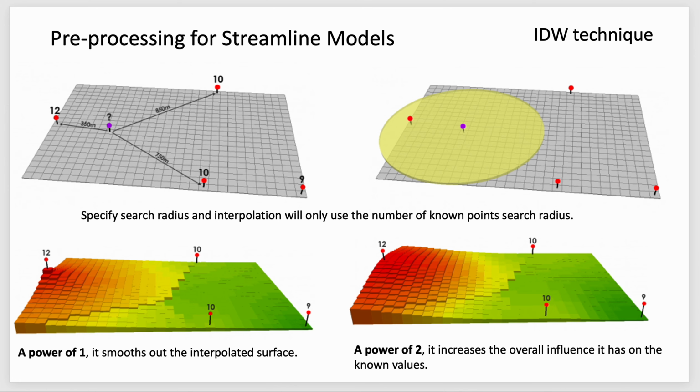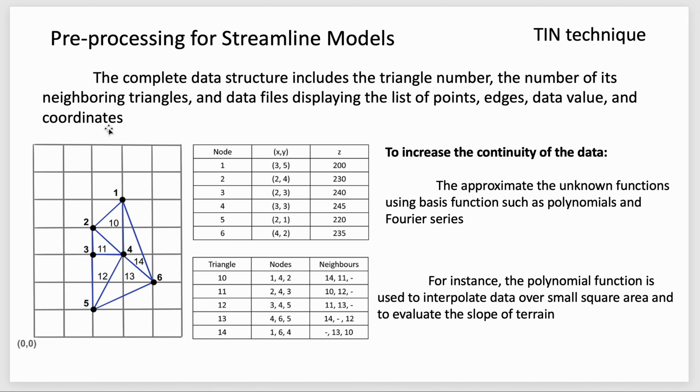As in the example, on the top left, 12 and 10 for its elevation, and we want to know at this point what the elevation is that can be calculated by IDW technique.